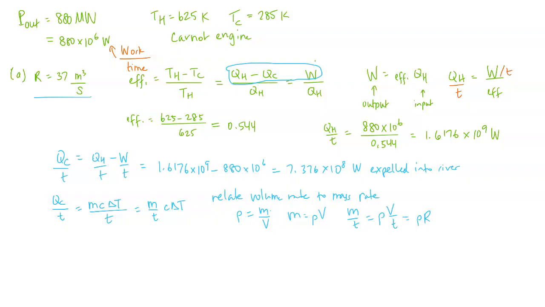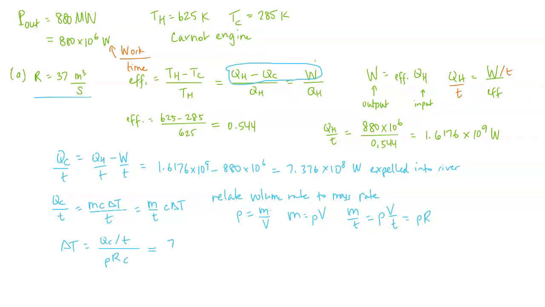So we can now rearrange and say that delta T will be that energy rate from a couple lines ago divided by rho times R, in place of the mass rate of flow, times the specific heat of water. That is a rather large C. Okay, great.